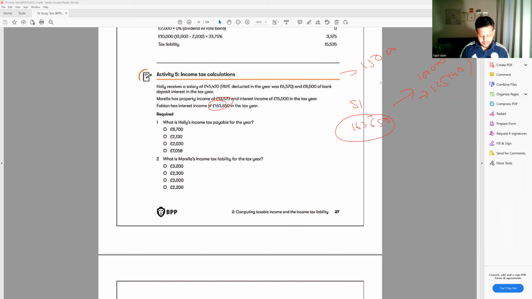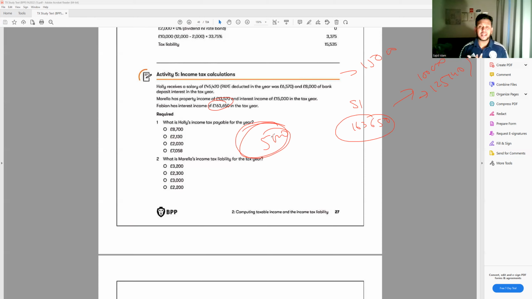But I might have a starting rate for savings that is 5,000. You always know that 5,000, because we don't have any non-savings income. So the full 5,000 I can use for the savings. This one could be very tricky. Remember that, because we don't have any non-savings income, we have the full amount of 5,000 that I'm going to calculate at 0%.